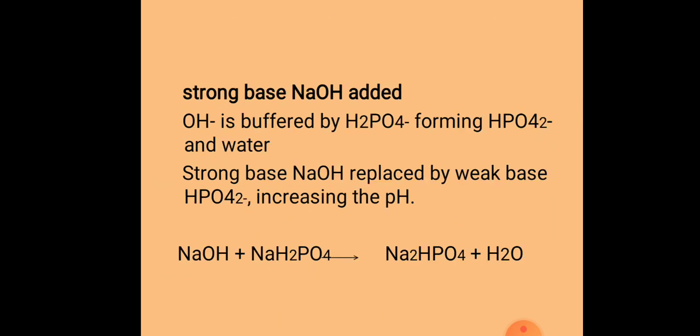Now, when a strong base NaOH is added, it is buffered by the acid part. The acid part is H2PO4 minus, and it forms HPO4 2 minus. So, when a strong base is added, the acid part would neutralize it.